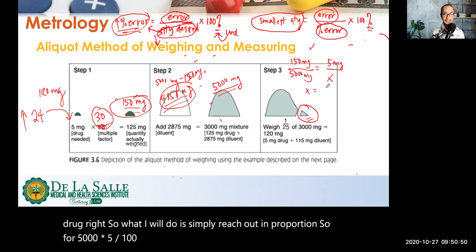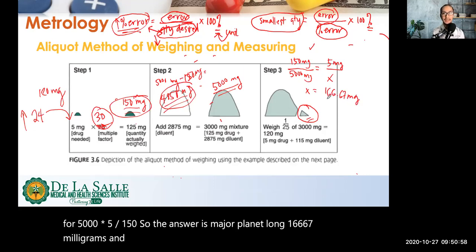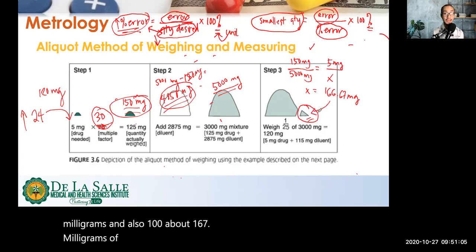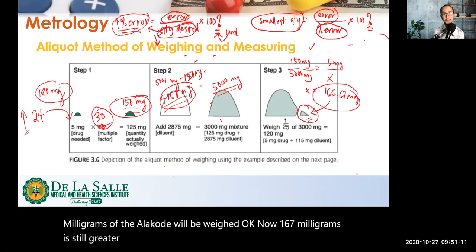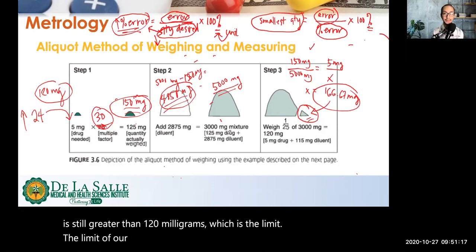The answer is a bit ugly, 166.67 milligrams, so about 167 milligrams of the aliquot will be weighed. Now, 167 milligrams is still greater than 120 milligrams, which is the limit of our balance to not exceed a percentage error of 5%.